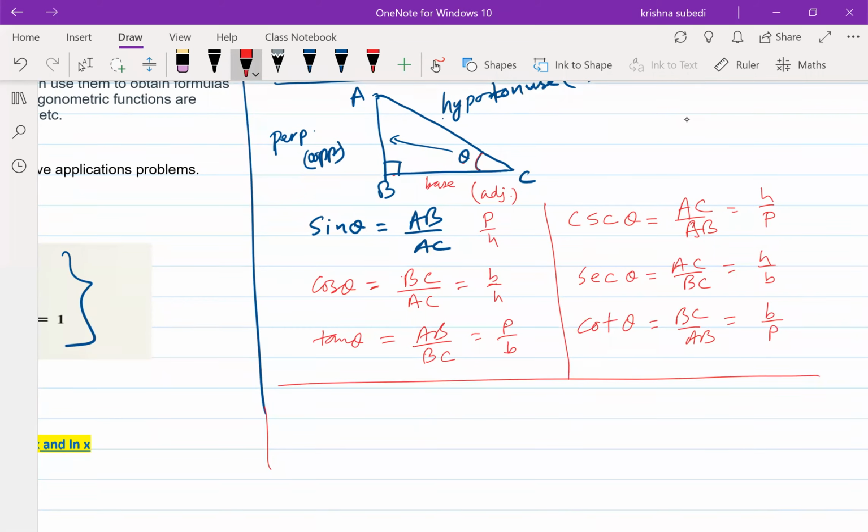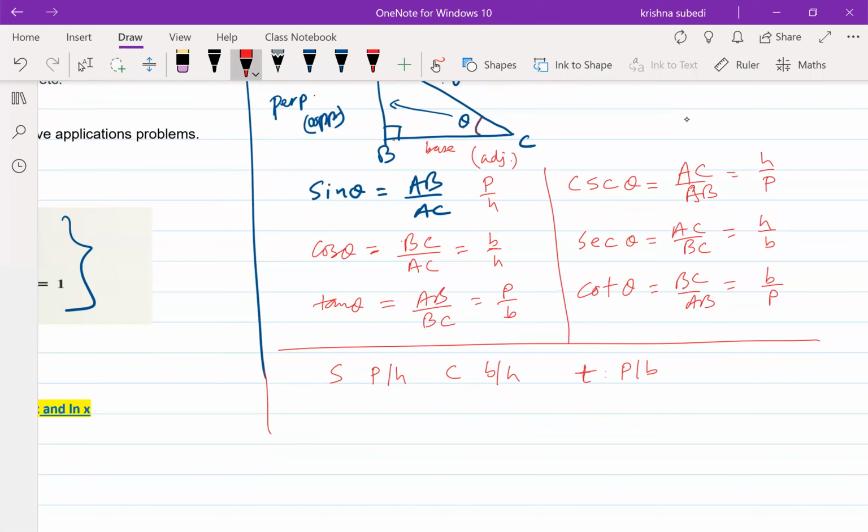Now, I think some of you remember this in a different way. Some people remember this as sine is P over H, cosine is B over H, and tangent is P over B. Okay, so this is how they remember.